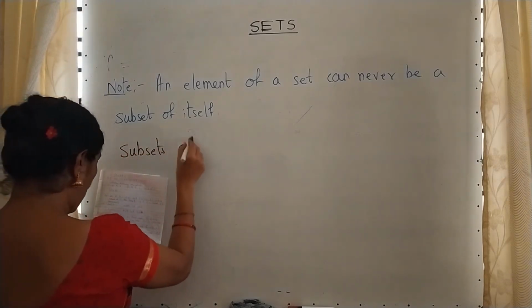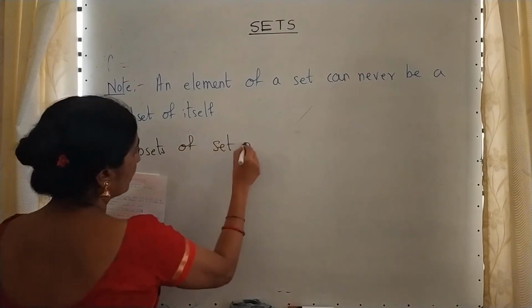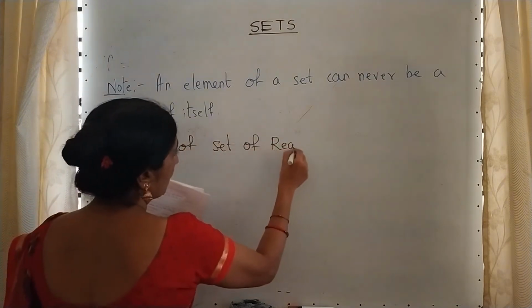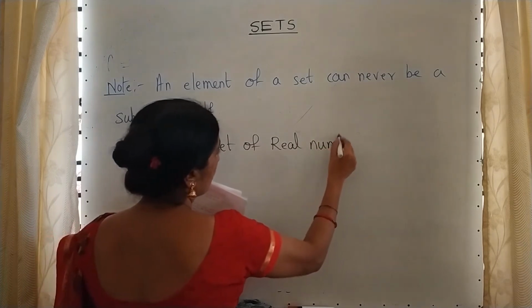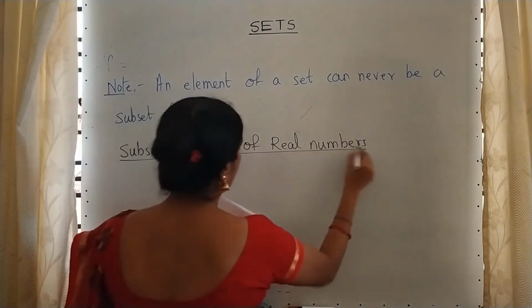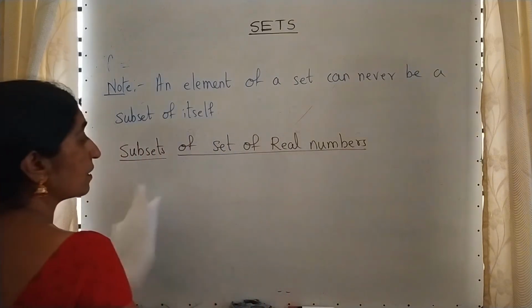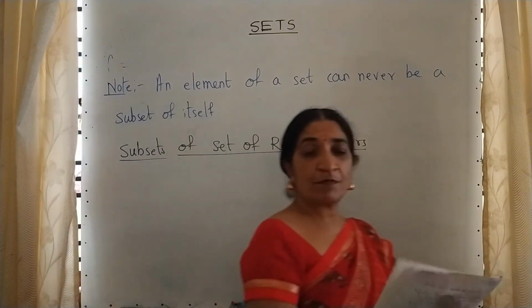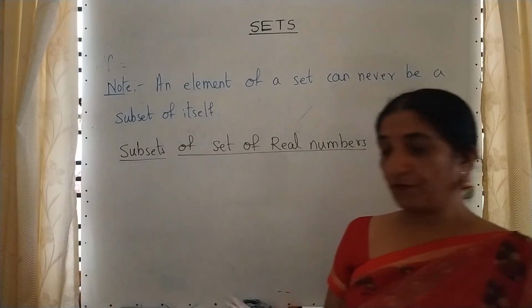See, after this I am giving you important subsets: subsets of the set of real numbers. So the first comes as natural numbers, because the natural number set is the smallest set, as we are familiar.